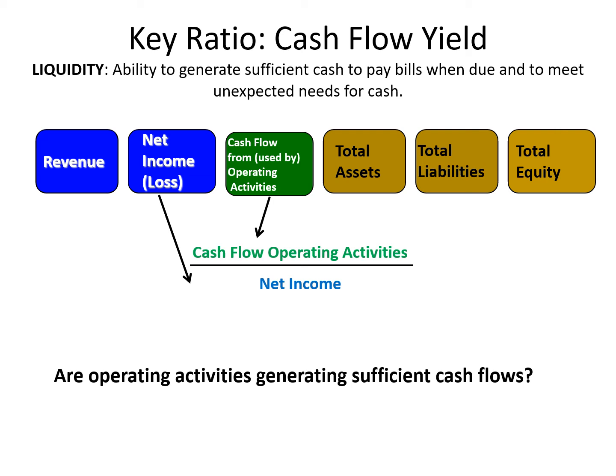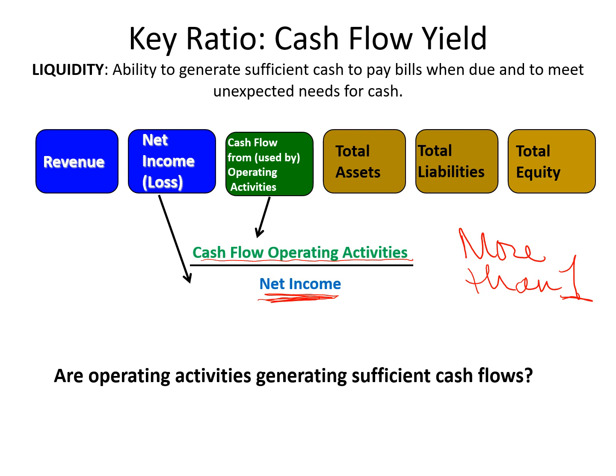Oh, two more things. Here's a ratio that's important because you want it to be more than 1. And the reason you want it to be more than 1 is you want cash generating from operating activities to be greater than your accrual-based net income. So cash flow operating activities, which we're going to learn about next, is basically your cash net income, or your revenue that was received in cash and your expenses that were paid in cash.